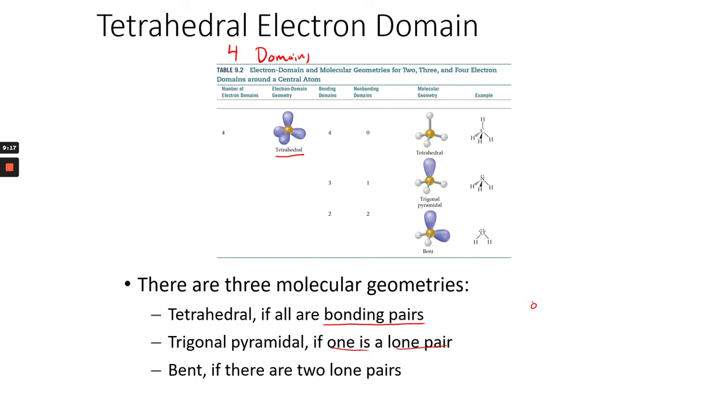So if I were to draw it, here's tetrahedral with all bonds. Now I get rid of one of the bonds because it's a lone pair. So there's a lone pair up here, and you don't see it. This is now called trigonal because there's 3 things coming off, pyramidal because it kind of looks like a pyramid. What if 2 of them are lone pairs? You don't see the lone pairs, so now your shape is bent, and this is actually what water is.